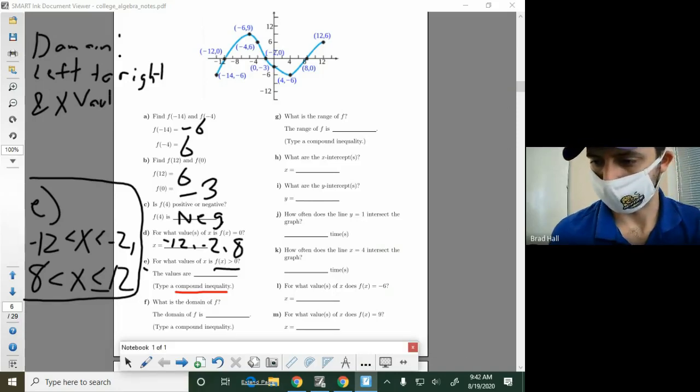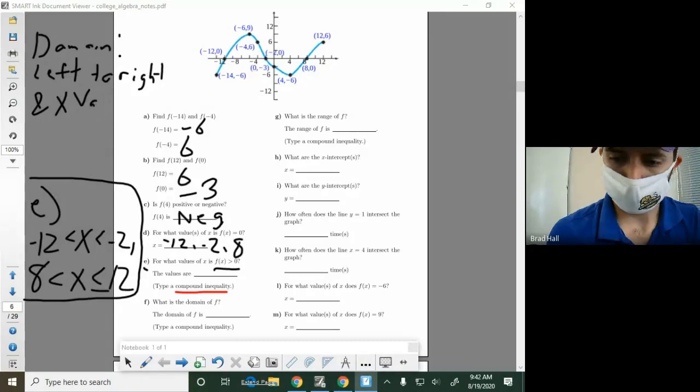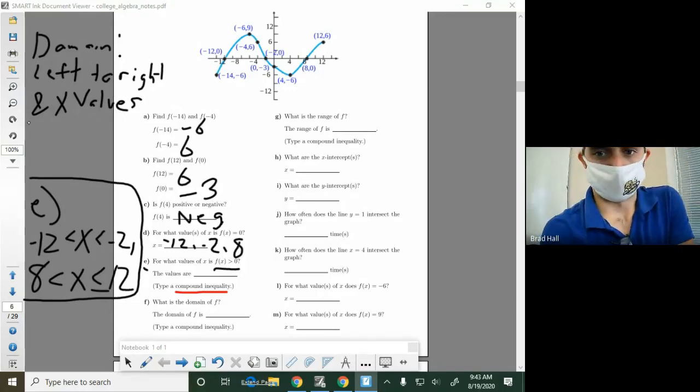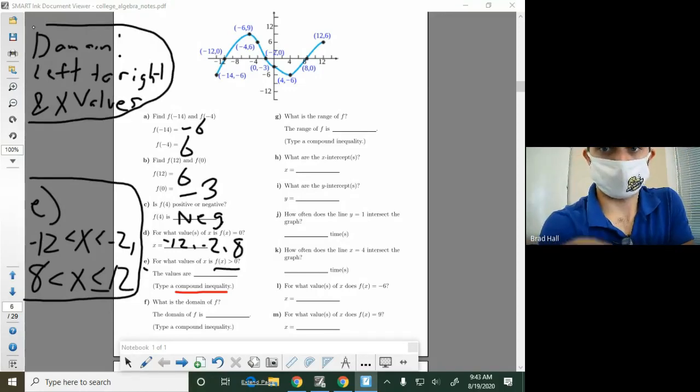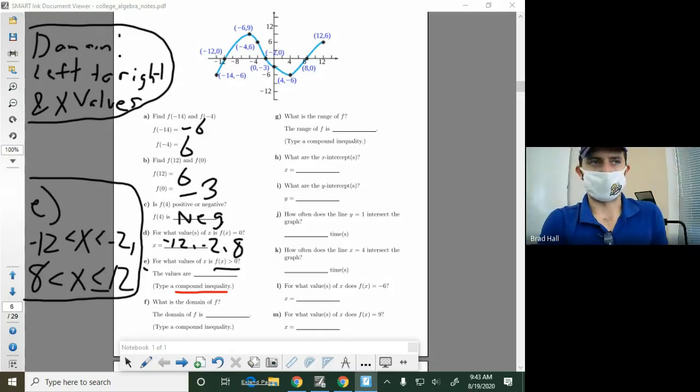And we don't know how to spell value. Let's try it again. Value. This will make more sense as we do the problem. The domain, the association is left to right and x values.